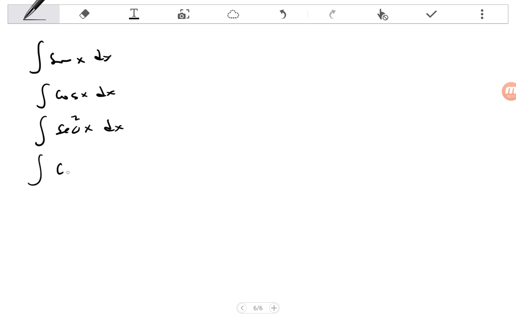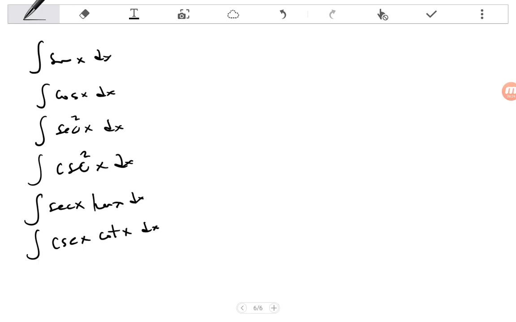Also, we have integration of cosec squared, integration of sec x tan x, integration of cosec x cotan x. That is cosine x plus c, but we will have a negative value here. Also, this is sine x.